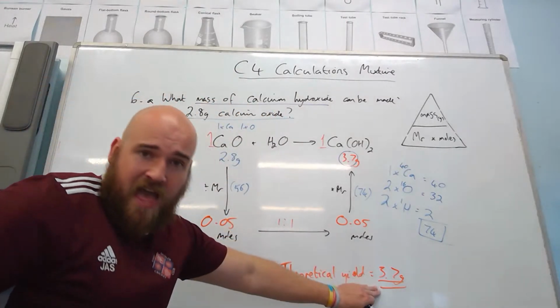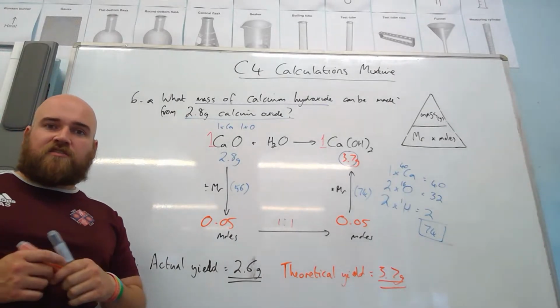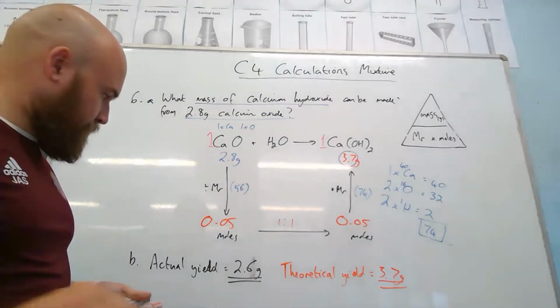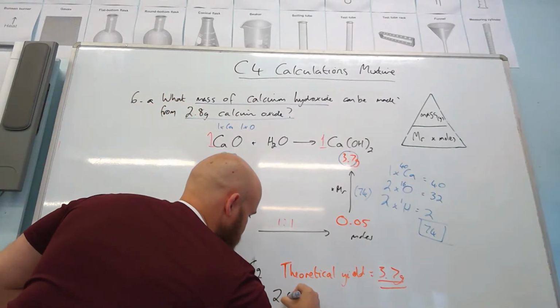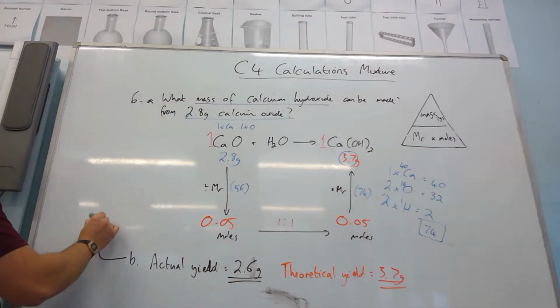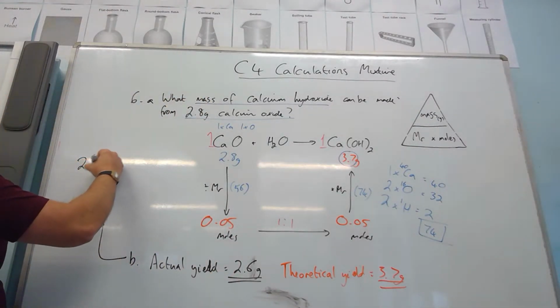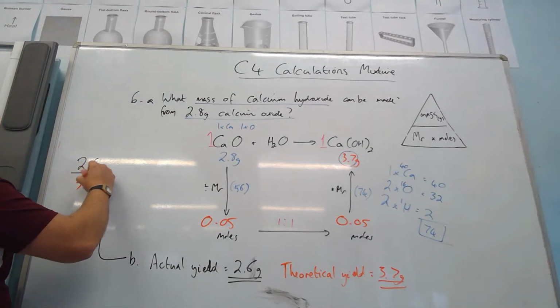So I should have got that. I actually only got that. So percentage yield is just what that is as a percentage. So let's do the calculation. So it would be the black number, 2.6. In fact, I'll do it a bit up here. 2.6 grams divided by 3.7 grams.